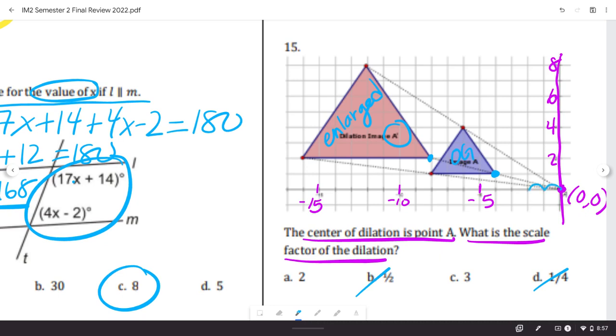So 1, 2, 3, 4, and then up 1. And then to the other one is 4, 5, 6, 7, 8, and up 2. Okay, so that means you had 4, and then the other one was 8. That's times 2.